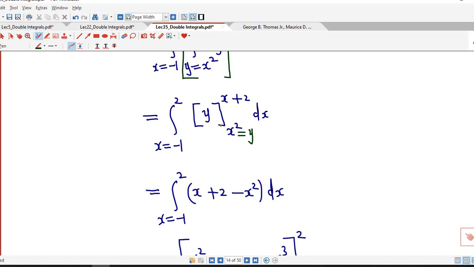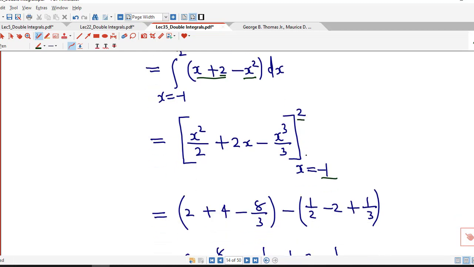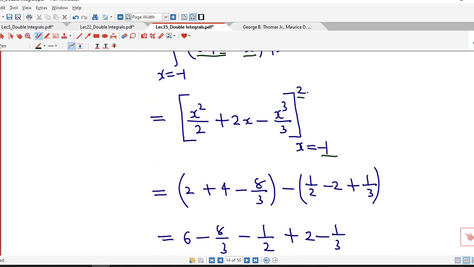Then we substitute the values of y. The upper limit gives x plus 2 minus x square. Now this is a single integral. The integral of x is x square by 2, plus 2x, minus x cube by 3, with x from -1 to 2. For x equal to 2 we have 2 square by 2, that is 2, plus 2 times 2 which is 4, minus 2 cubed which is 8 by 3.